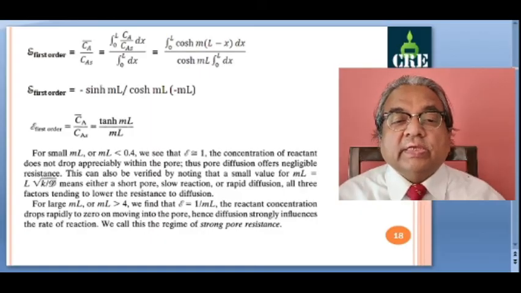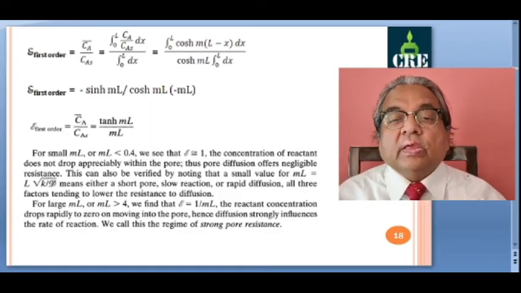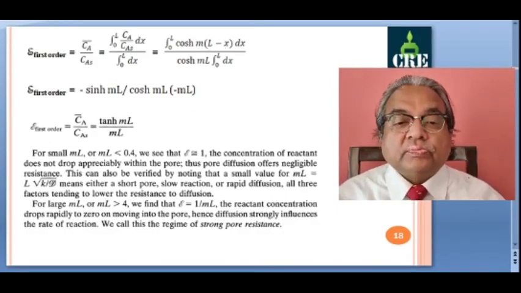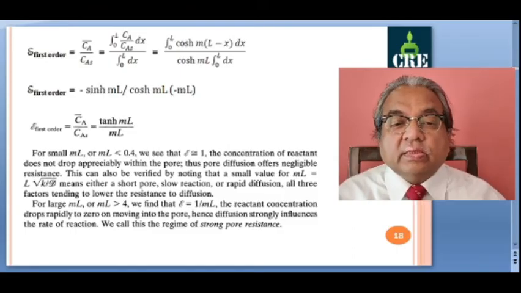So we have sinh mL only when x is equal to 0. Cosh mL is constant, which is already there. So minus sinh mL by cosh mL, and this dx we have.